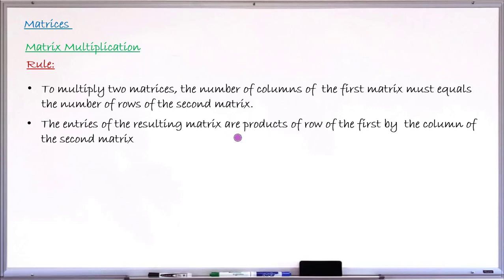That will give you the resulting matrix, which will serve as the product of the two matrices. We are going to take examples of how we can make use of these two guidelines and find the product of the two matrices. So let's move and take examples.